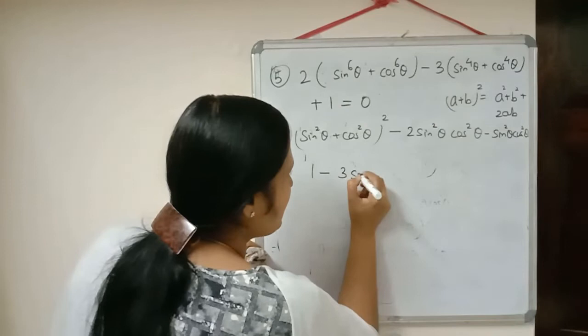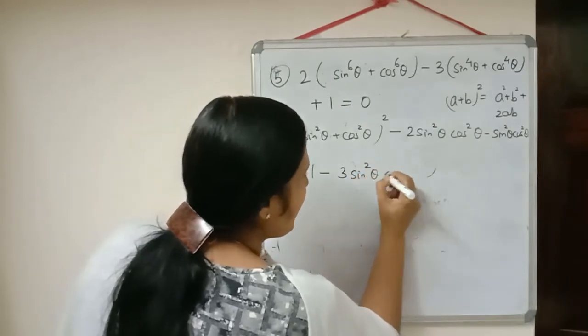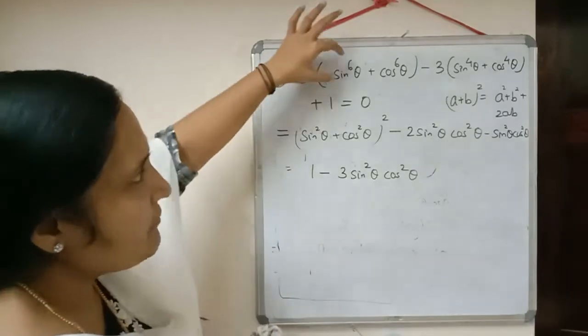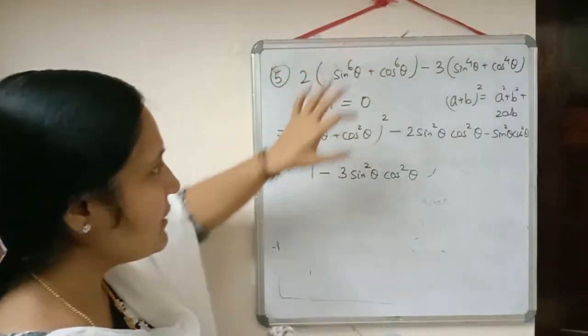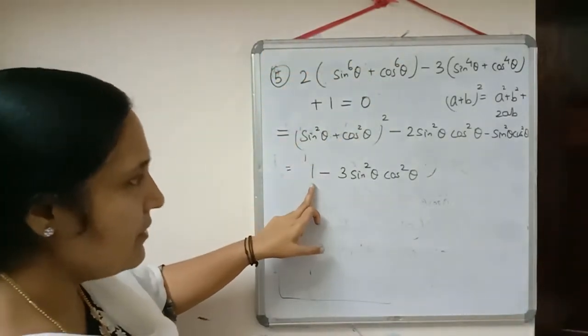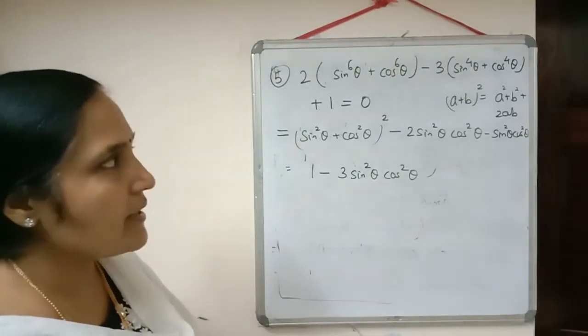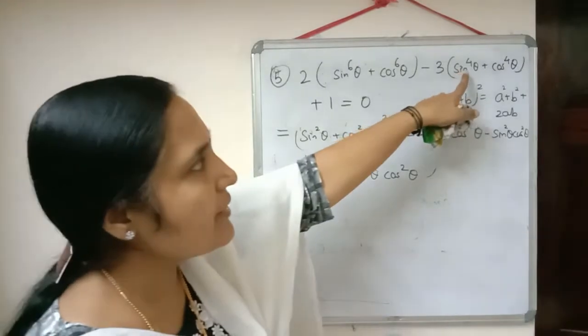So it will be equal to minus 3 sine square theta cos square theta. So when we have simplified this one, we got the value is equal to 1 minus 3 sine square theta cos square theta. And this one we already wrote there.